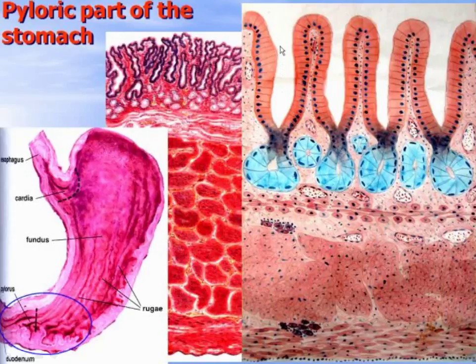In this picture you can see the very deep gastric pits and very short pyloric glands consisting of typical mucous secreting cells. Their cytoplasm is filled with mucous secret, and nuclei are flat and rod shaped. And you can see here the submucous and myenteric autonomic nerve ganglia and numerous blood vessels.